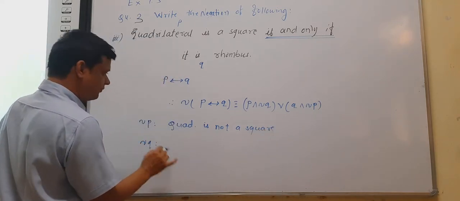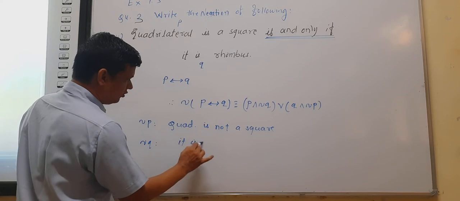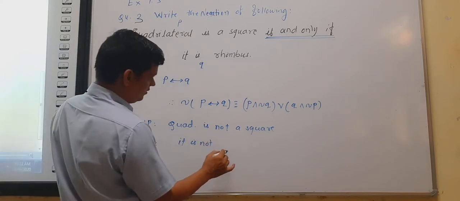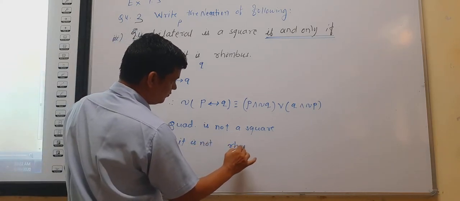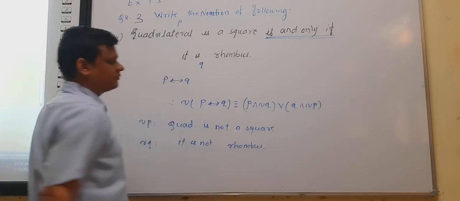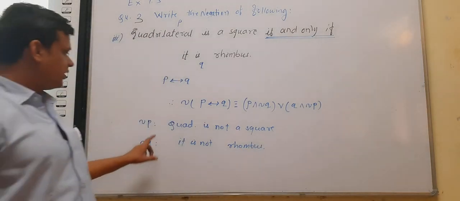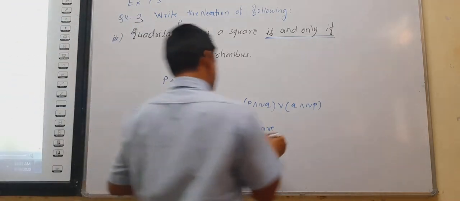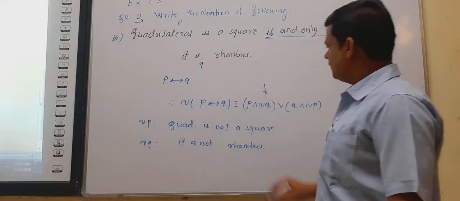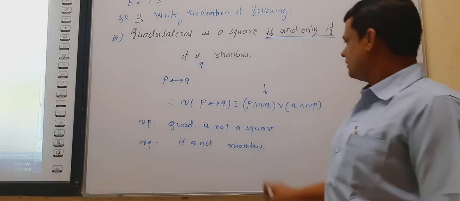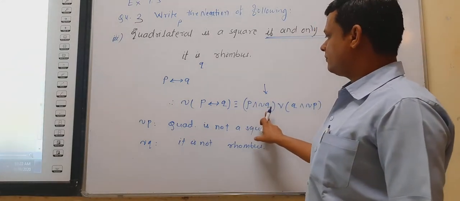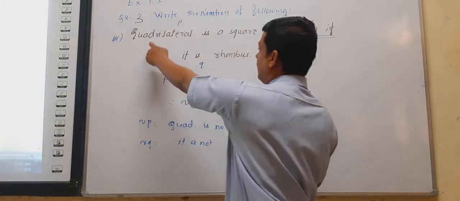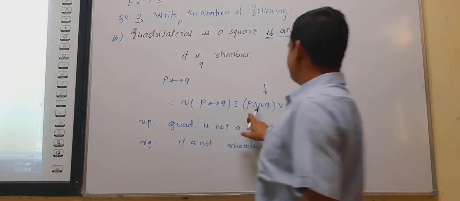Negation of Q: it is not rhombus. Now substituting the symbolic form in verbal form, we write P and negation Q. P statement is quadrilateral is a square.